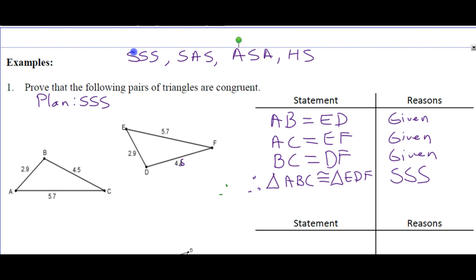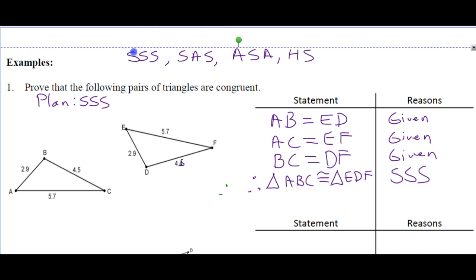Do you understand? Okay. Watch that your letters are in the proper order, right? Don't just say AB is 2.9 and so is DE. Yeah, that's true, but AB corresponds to ED. Okay, so when you say this triangle congruency, you should say side AB is the same as ED, angle A is the same as angle E, right?